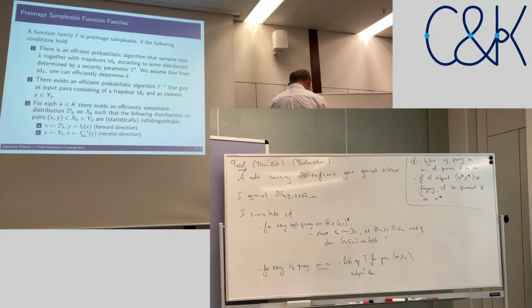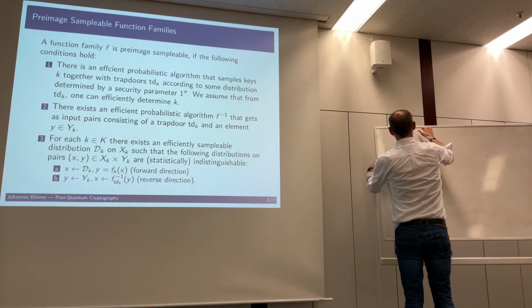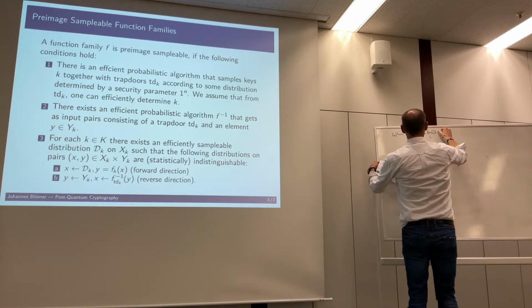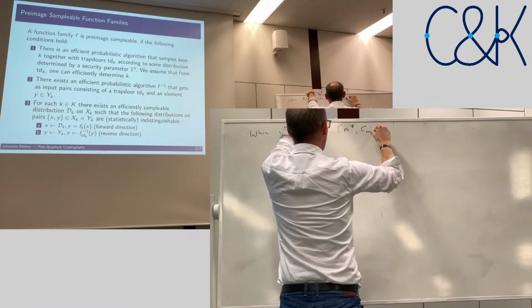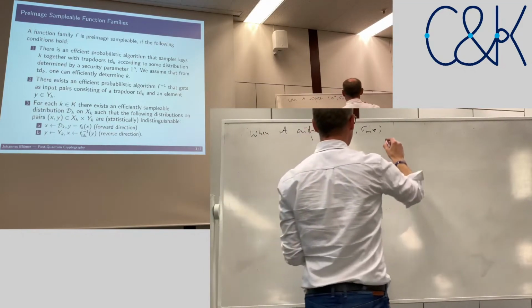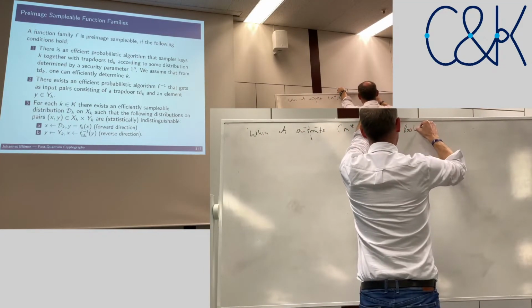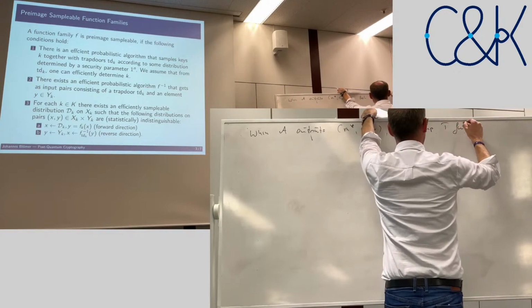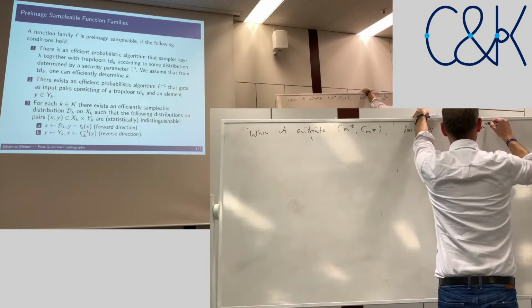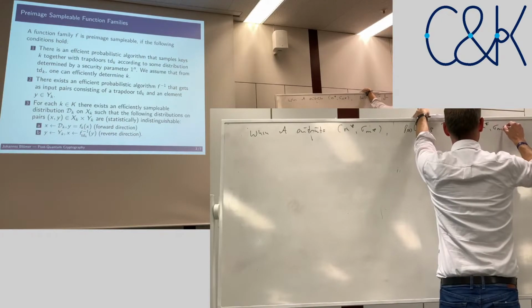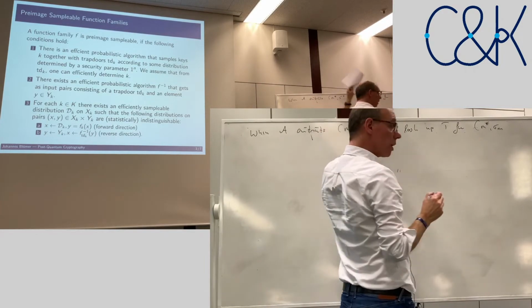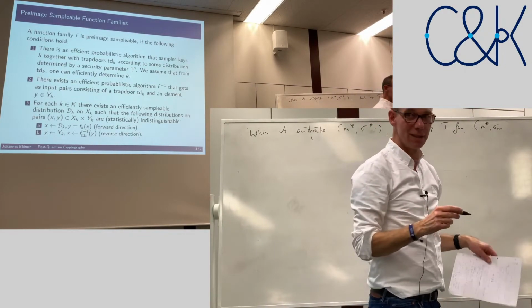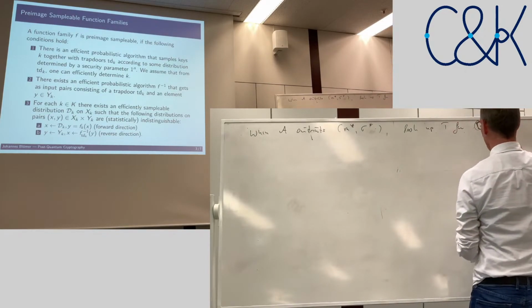Now assume when A outputs a forgery M star, sigma star, what we do is look up table T for the pair M star, sigma M star.